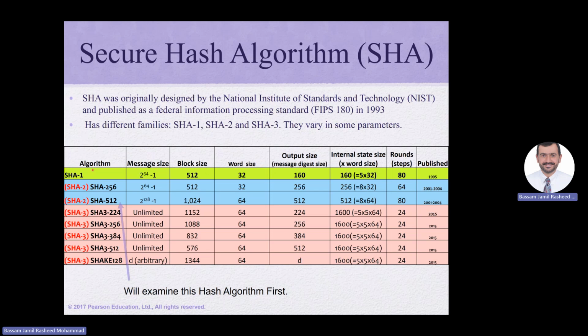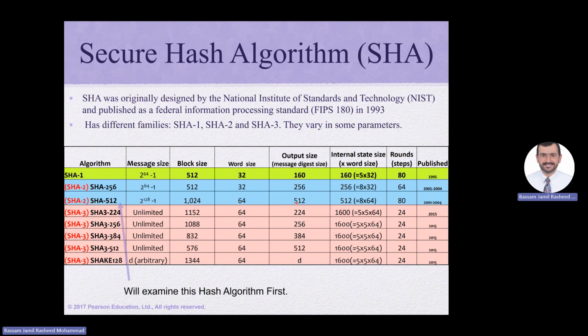So SHA-1, we know, has an output of 160 bits, a very early stage of the algorithms. This is the maximum message size. Then came SHA-2 with two major flavors, 256 output and 512 output.